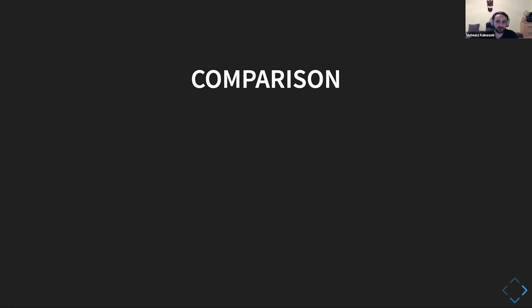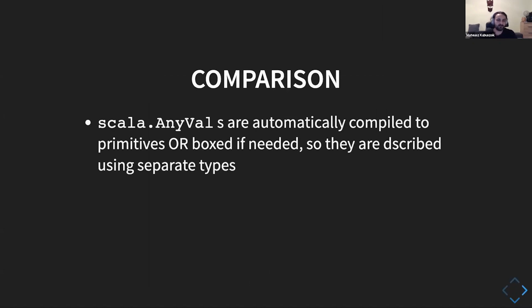So if we compare them, the most noticeable difference is what is happening in Scala. If we compile those types, we can see that the Scala compiler does something very interesting. It takes a look at our context and sees if we could use those types as primitives, or if we have to use them as objects.